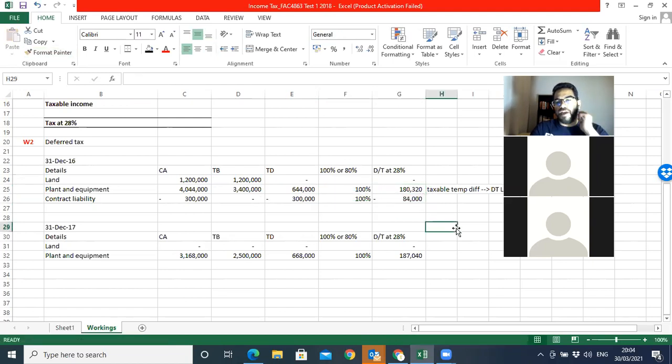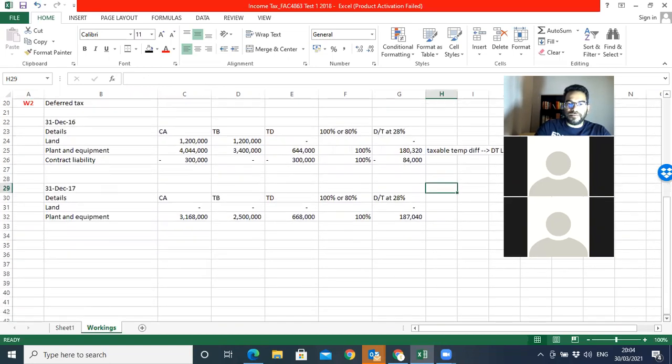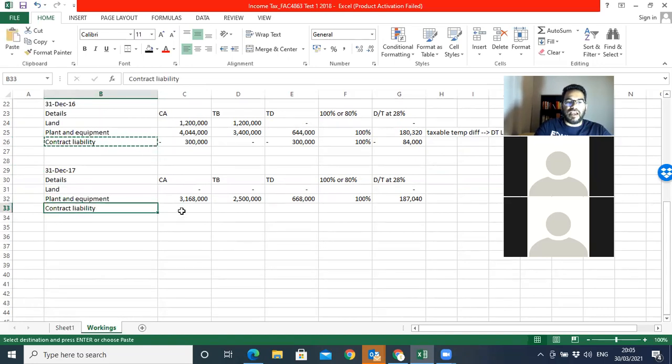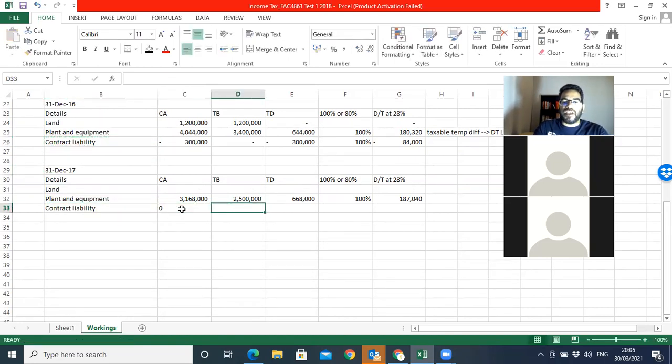And therefore we're going to have that 84,000 Rand deductible temporary difference. So now in 2017, I'm going to bring this one in as well, contract liability. In 2017, there's no contract liability because we provided the service, so there'll be nothing.